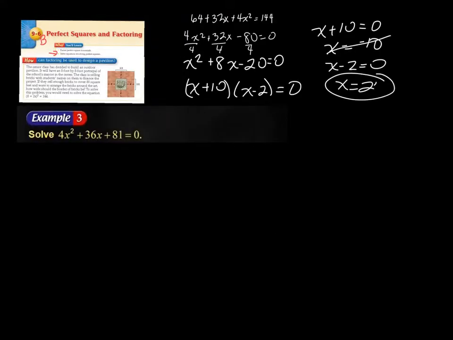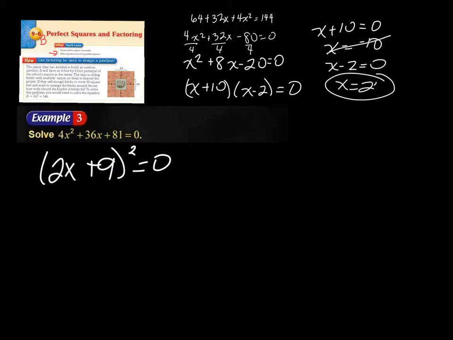So when they ask us to solve, the first thing I'm going to notice is, hey, that's a perfect square, that's a perfect square. I'm guessing this is a perfect square. So square root of 4x squared is 2x, square root of 81 is 9. And just checking out, 2x times 9 is 18x, times 2 is 36. So it is a perfect square.